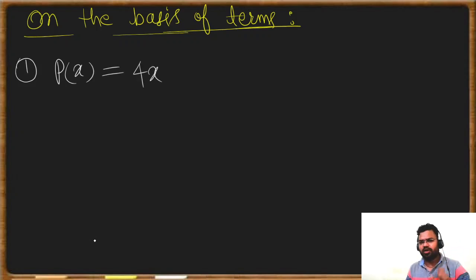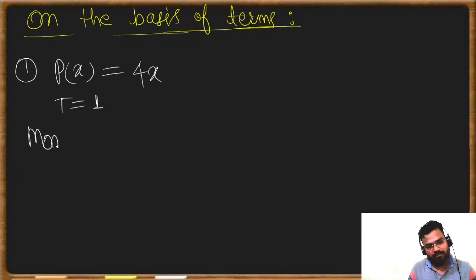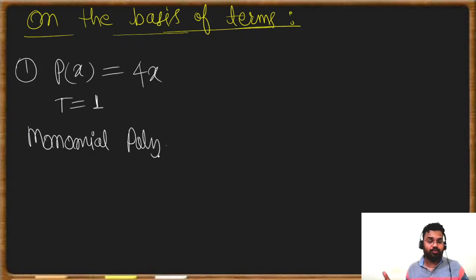How many terms does this polynomial have? Only one term, yes or no? So the number of terms in this polynomial is 1. This is known as a monomial polynomial. A polynomial having only one term is known as a monomial polynomial.